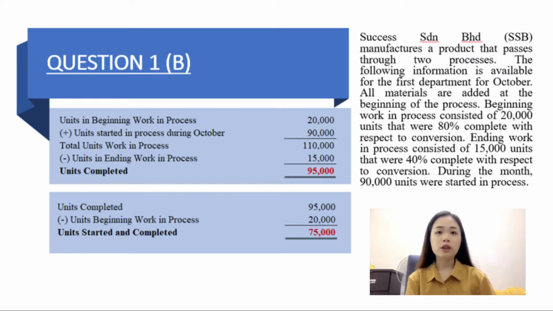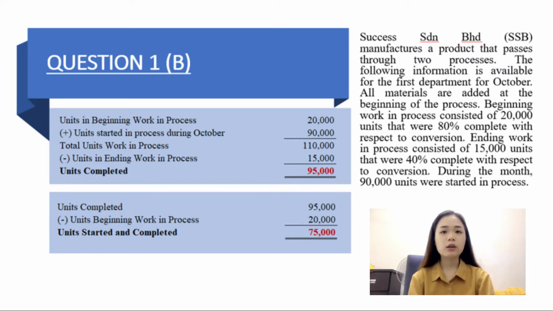To find the total units completed, we need to use units in beginning work in process, which is 20,000 units, plus units started in process during October, which is 90,000 units. So the total units in work in process equal 110,000 units, minus units in ending work in process, which is 15,000 units, equal to 95,000 units, which is the total units completed.